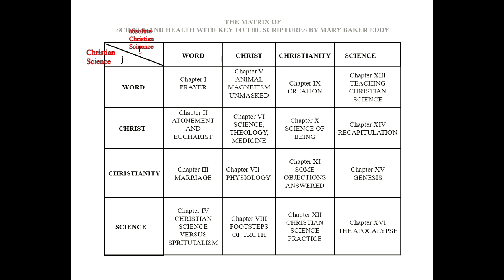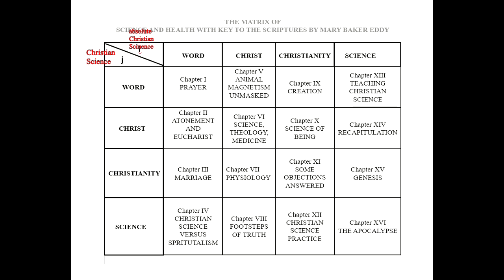We want to talk about the pedal note of absolute Christian Science in the textbook matrix. We see that that pedal note goes all across the top of the matrix and qualifies or defines the epitomes for the columns in the matrix.